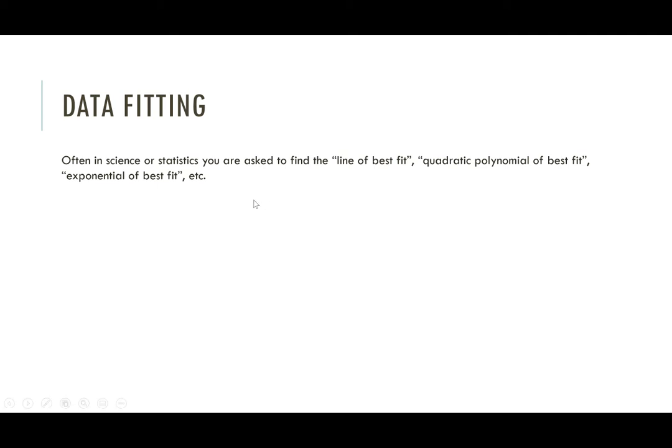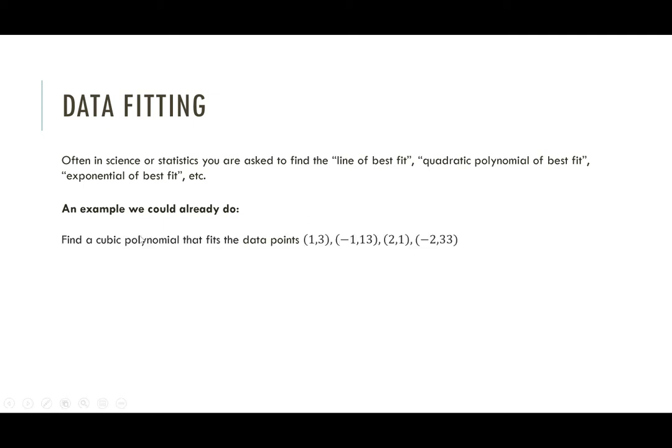Well, let's start by doing an example that we've already done in this class. We already know how to do it, and it'll illustrate where least squares comes in. Suppose, and I think you had a homework problem like this, find a cubic polynomial that fits the data points (1, 3), (-1, 13), (2, 1), and (-2, 33).